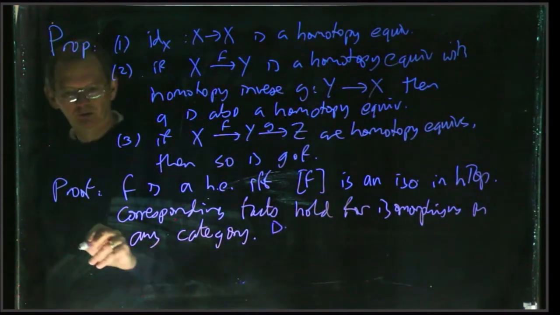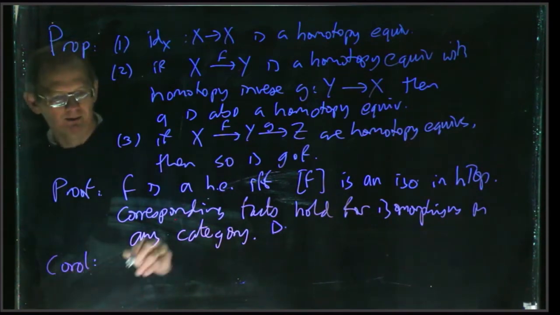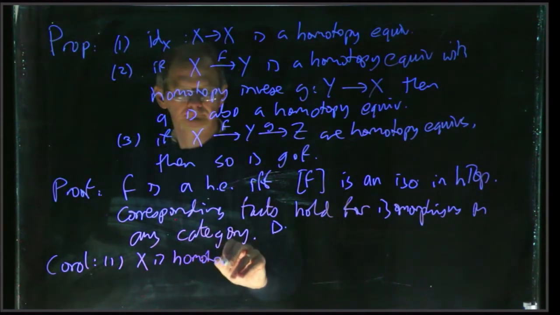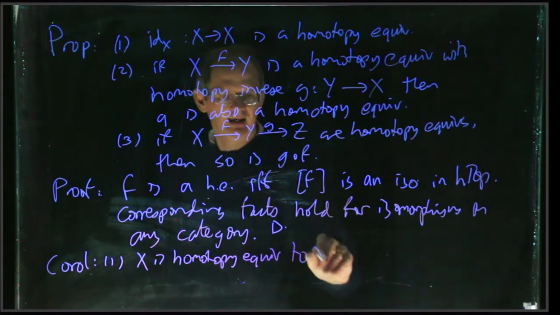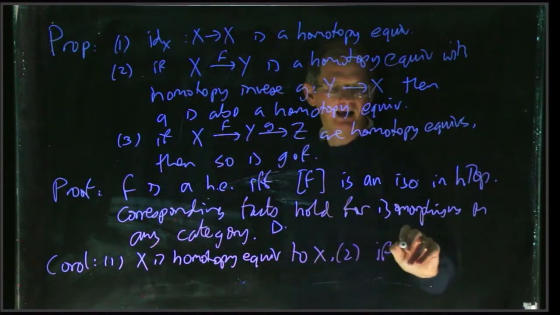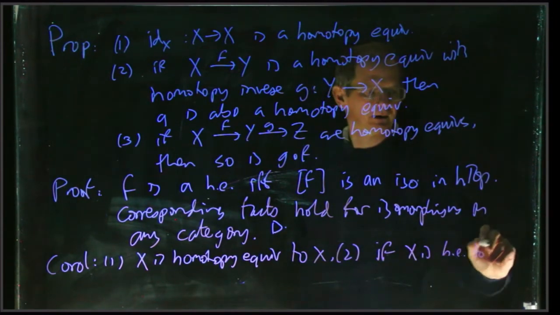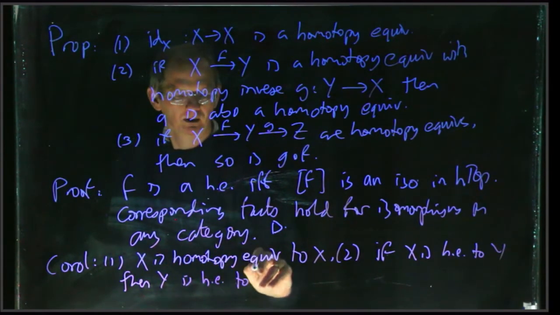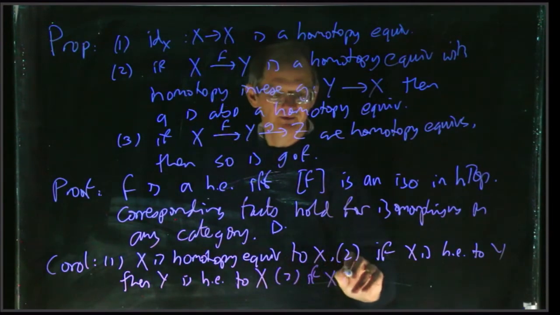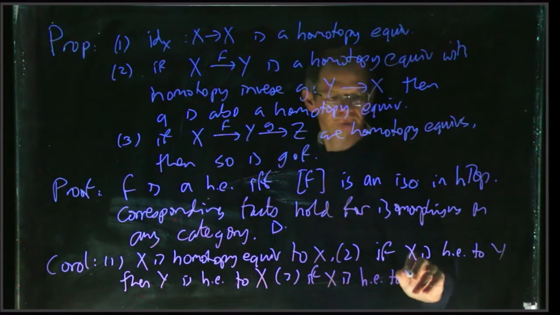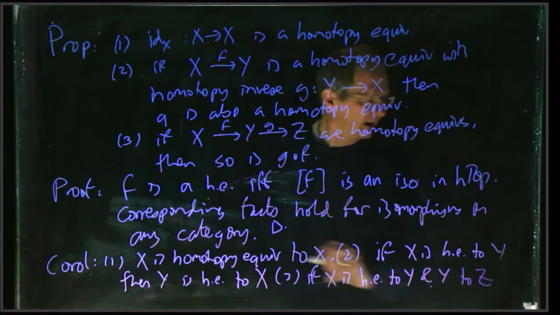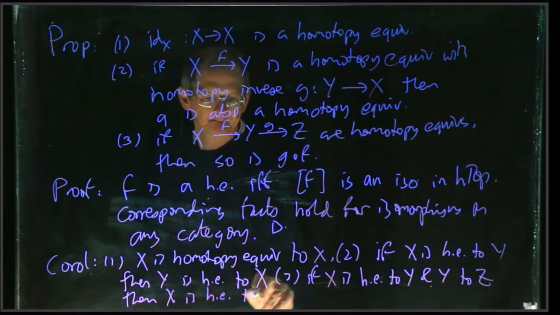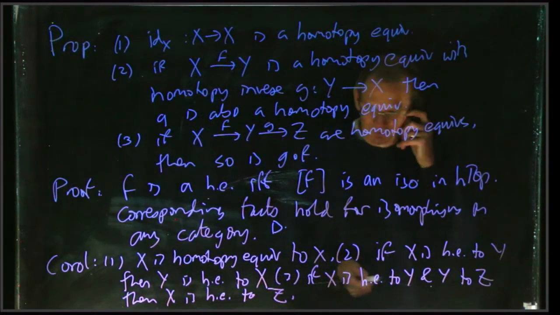And as a corollary of that, X is homotopy equivalent to X. Then if X is homotopy equivalent to Y, then Y is homotopy equivalent to X. And thirdly, if X is homotopy equivalent to Y and Y to Z, then X is homotopy equivalent to Z. So again, there's nothing particularly special about homotopy theory.